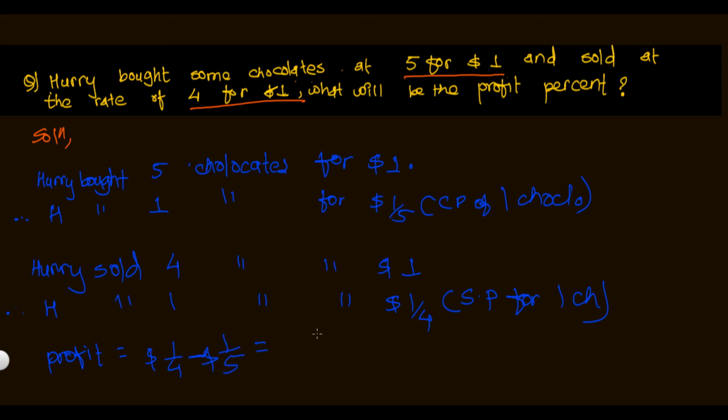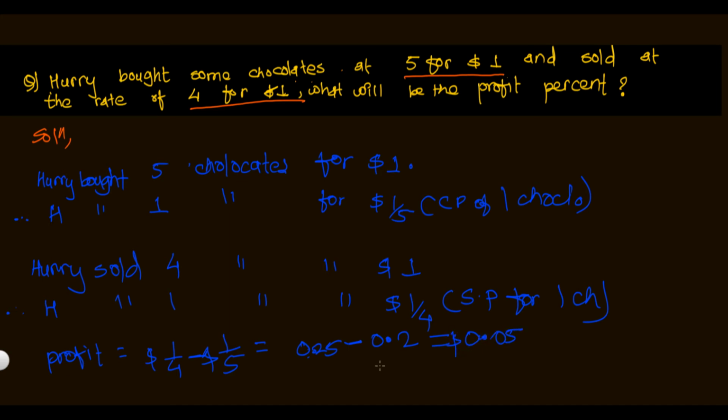If you subtract it and write it in decimals, you will get 0.25 minus 0.2, which will be 0.05.